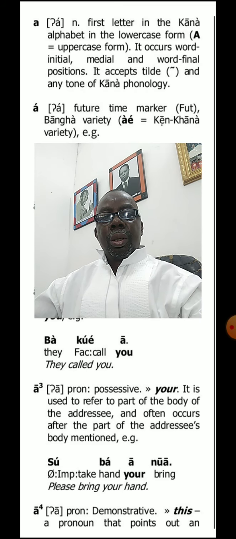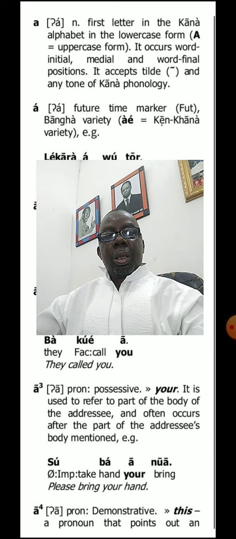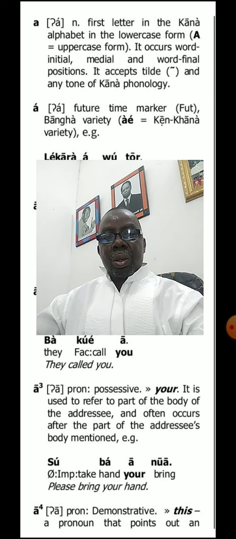Now, the letter A is the first letter in Kana alphabet. It is used in combination. It exists in combination with other letters to form words in the language. It can exist in word initial position, word medial position, and word final position.